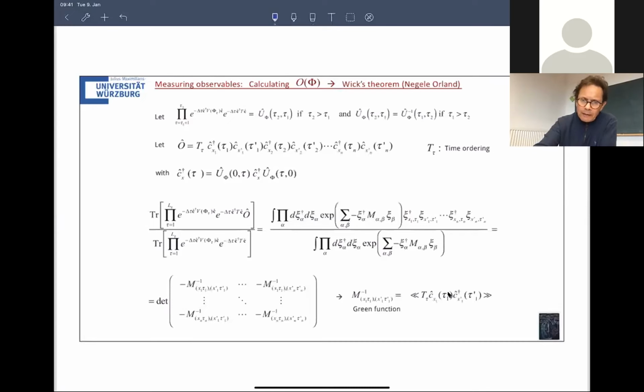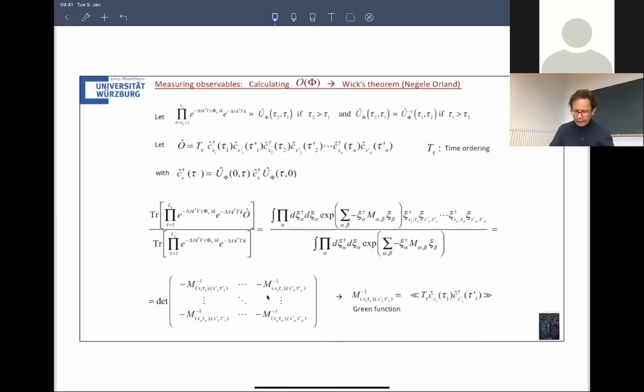So you see that if I know this quantity, if I'm able to calculate it for a given phi, and I'll show you how to do that afterward, then we can estimate any observable for a given field configuration using this Wick's decomposition. Okay, so that's very important.